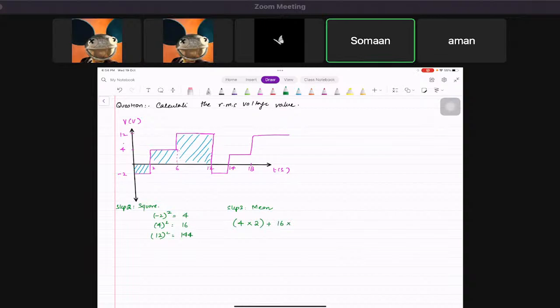Oh, I made a mistake. It's 4 seconds, from 2 to 6. Do you understand this? And how many seconds did 144 last for? 6 to 12, that's 6. And what is the total time this whole wave was there? 12. So that's the mean, which is basically 78 volt square. Is it clear, everybody?